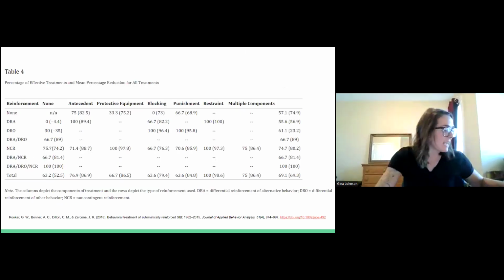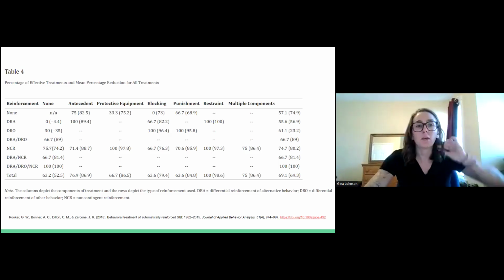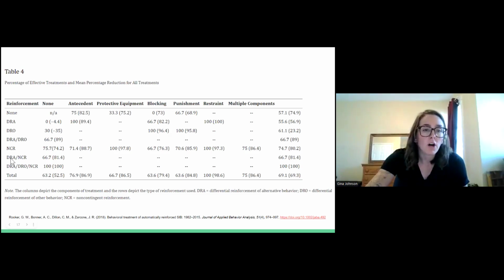All right, and this table is taken from that same study. These are all of your different reinforcement procedures over on the left, and this first column is when they were done without the addition of any other components.